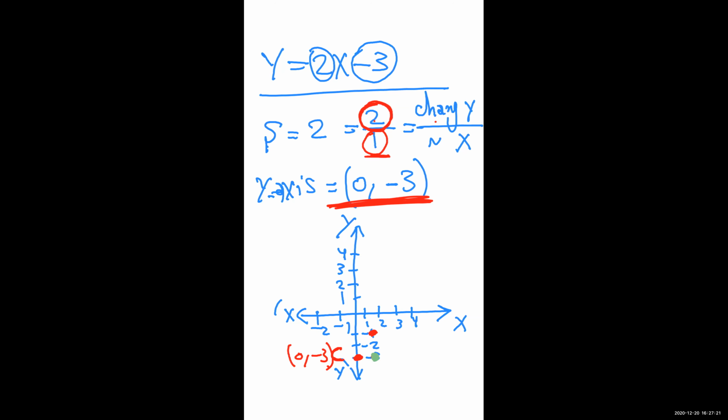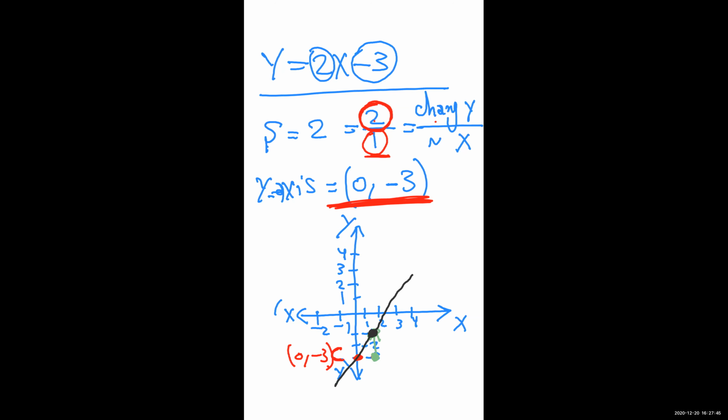Then the change on y is 2 positive units, so up 2 units. So this will be the point of the coordinates. Now guys, after that, graph this straight line through these 2 points, like this.